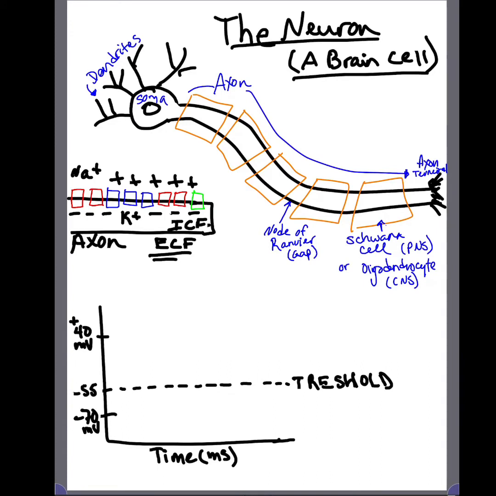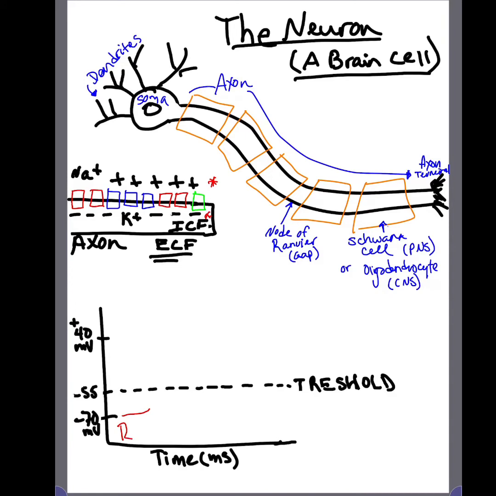Because of this exchange of electrical differences, where the cell is more negative on the inside but more positive on the outside, it causes the cell membrane to be in a resting potential. This resting potential is at minus 70 millivolts.